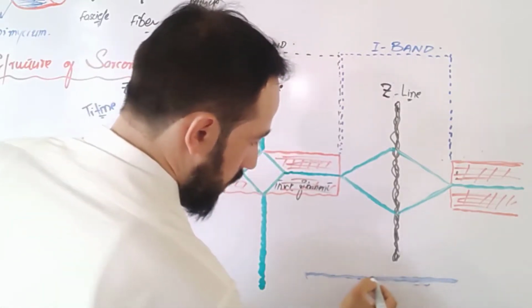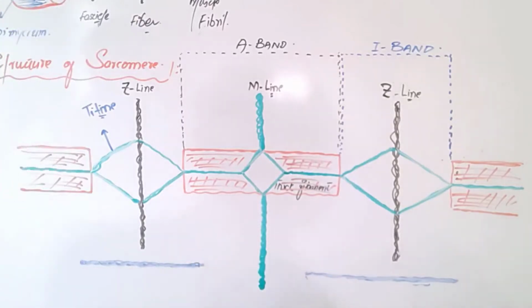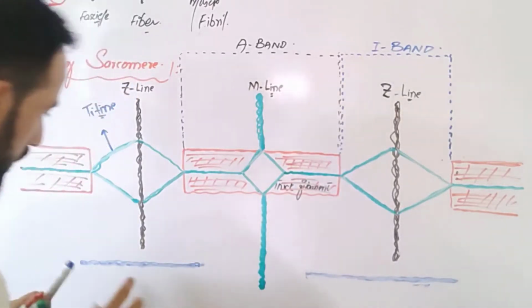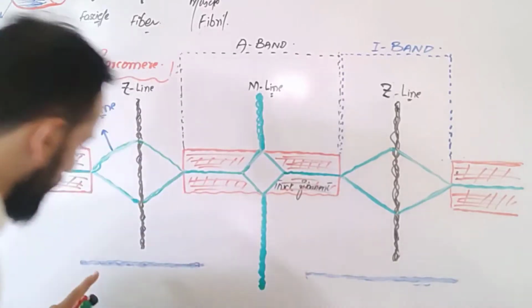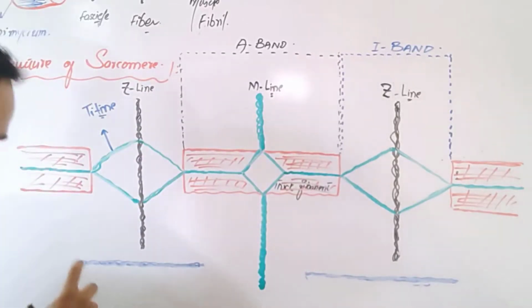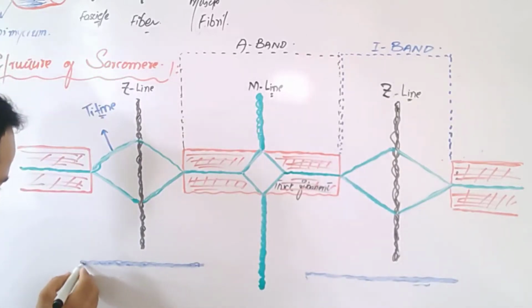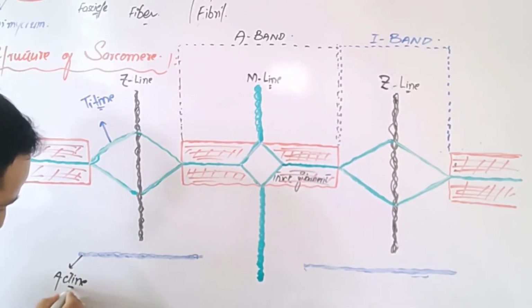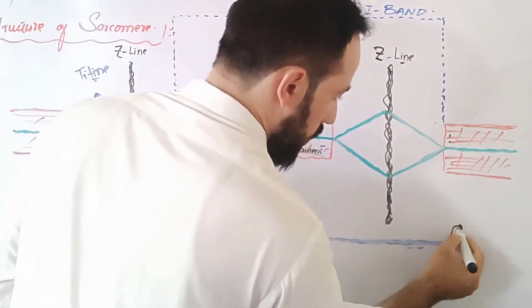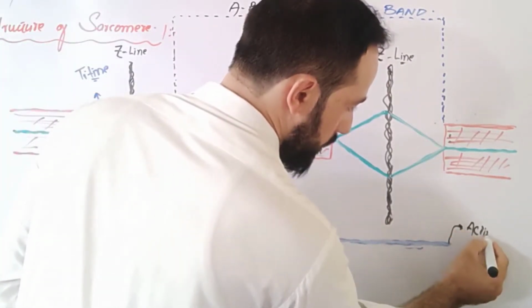This is our thin filament. I haven't completed the structure of the thin filament. So first of all, the thin filament is composed of a straight protein, the actin protein. This is our actin.